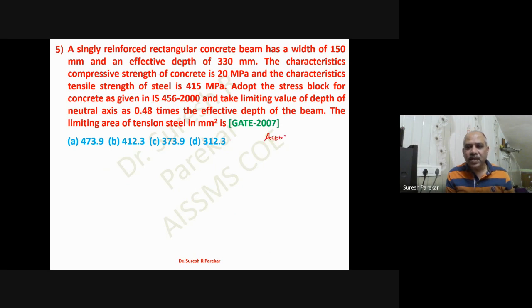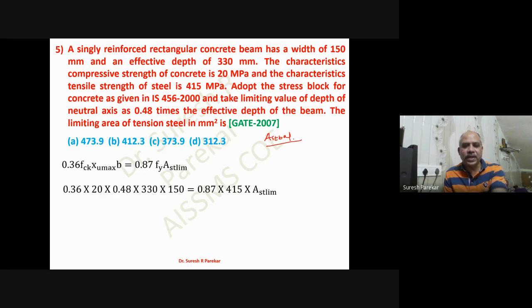By using this we calculate the value of AST balance. So we equate it again, same as the last problem, and we get this value of AST balance as 473.9 millimeter square. So we have option A.